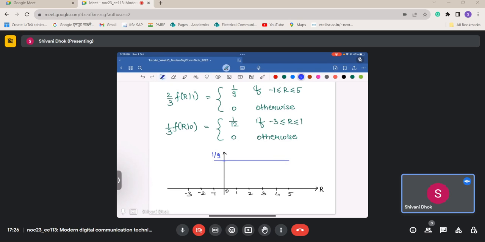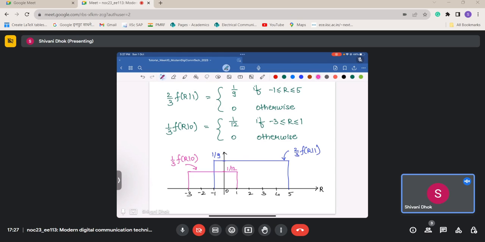And we have 1 by 3 f of r given 0 as 1 by 12, and this is valid for minus 3 to 1. So this is what we are having here.